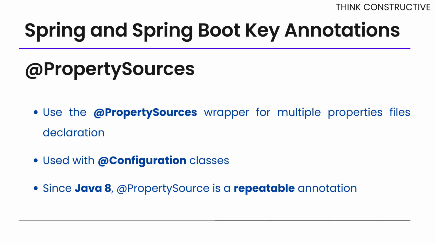So if in your project you are using Java 8 or the higher versions, you can use @PropertySource as a repeatable annotation, or if your project is on the lower version of Java, then you can use @PropertySources annotation. Now I will be demonstrating both ways of mentioning multiple properties file with the help of the code example.